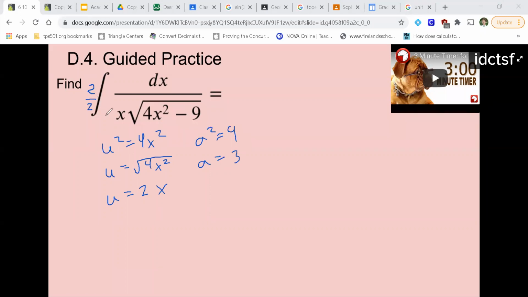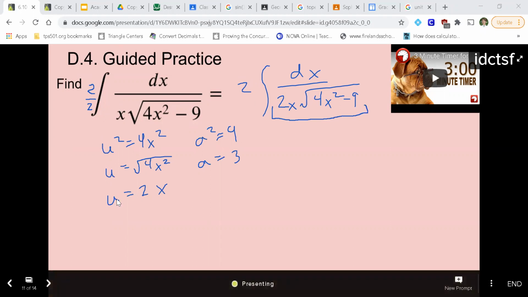Because then what I'll get is the integral of 2 times dx over 2x square root of 4x squared minus 9. Right, 2 divided by 2 is just 1. So if I multiply this by 1, it won't change the answer. If I leave the multiplied 2 out in front, but I take the divide by 2 and pair that with my x, I now have this in the format that matches my formula.